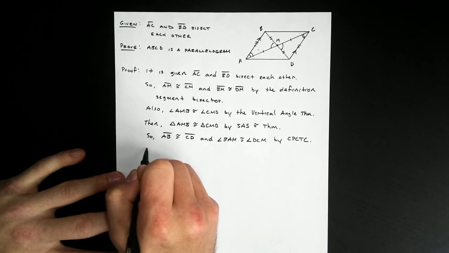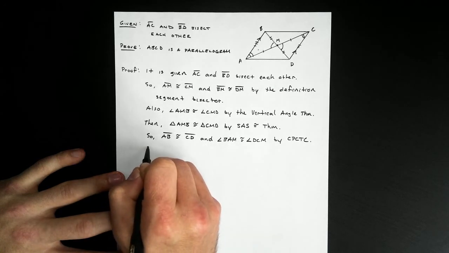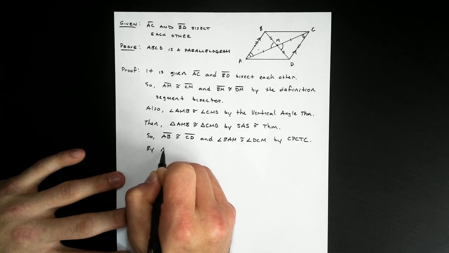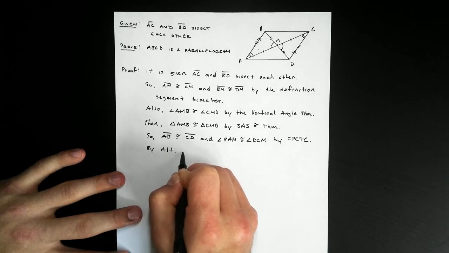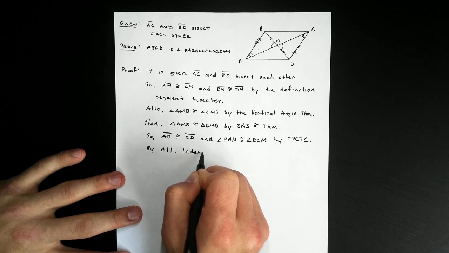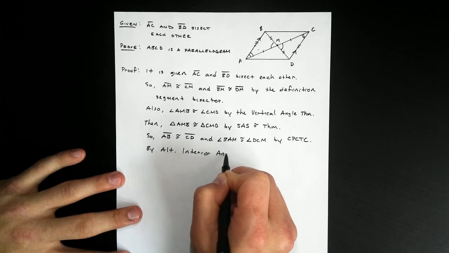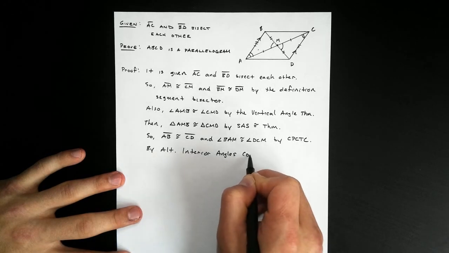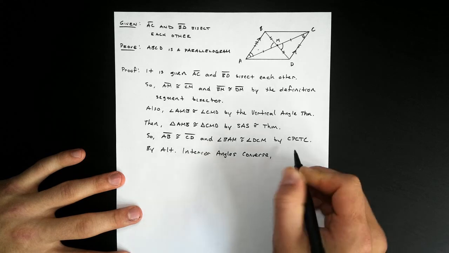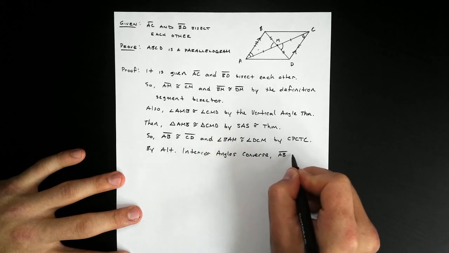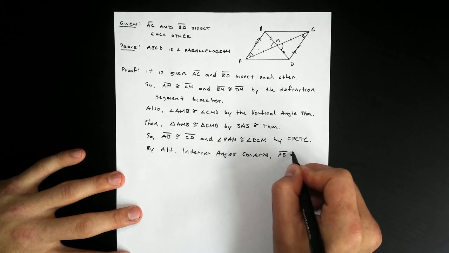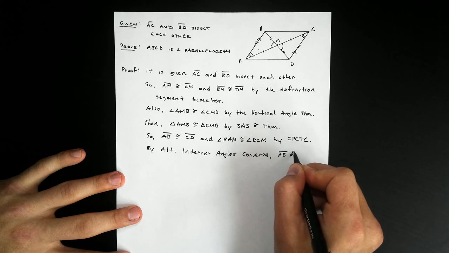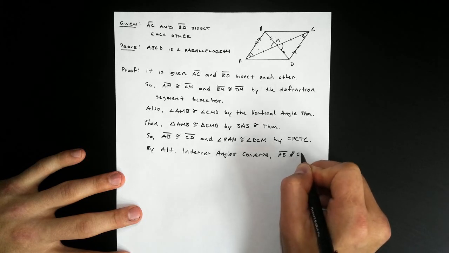So that's using the converse of the alternate interior angle theorem. So by the alternate interior angles converse, we know that AB is parallel to CD.